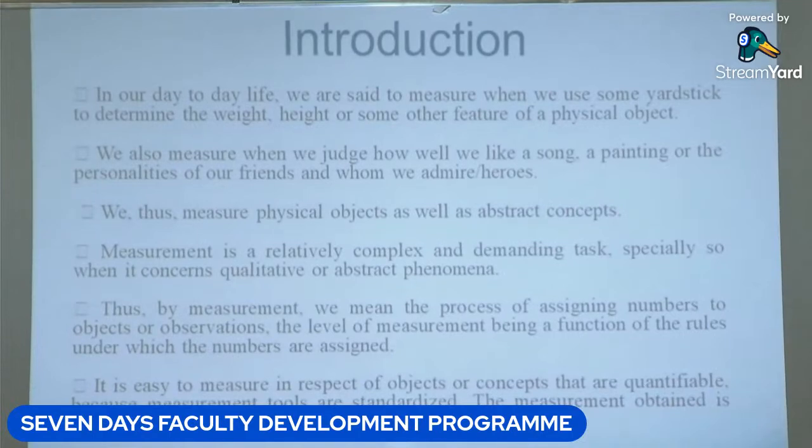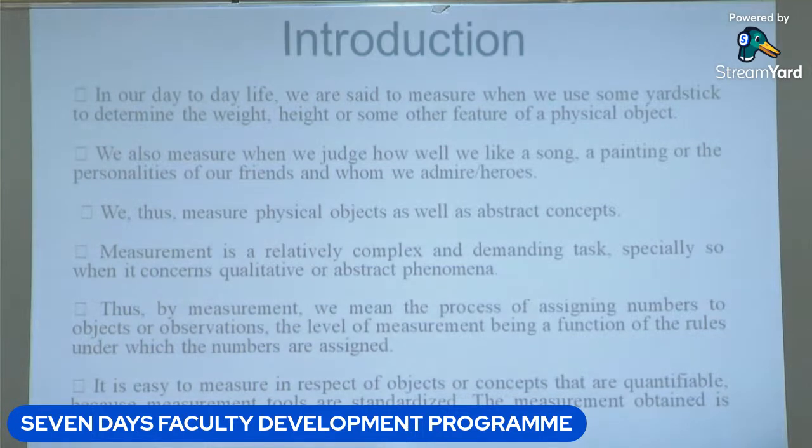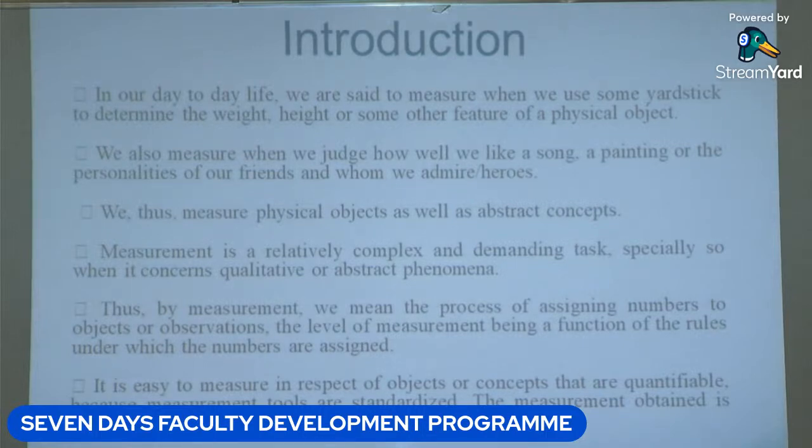So we need measurement, where measurement gives us some yardstick to determine some construct or a concept. For example, we need a yardstick to represent weight, temperature, or any other such aspects.